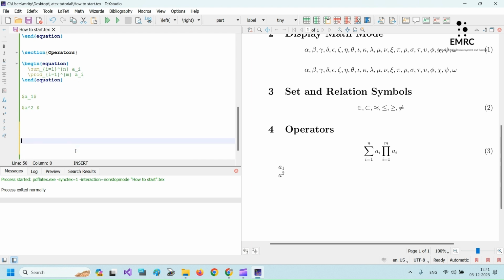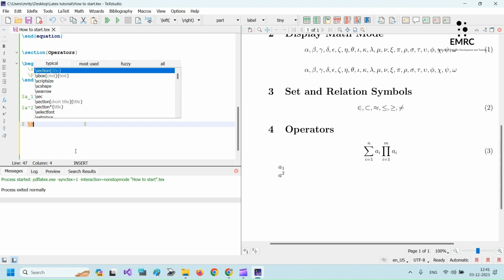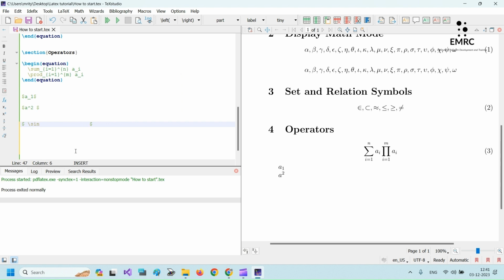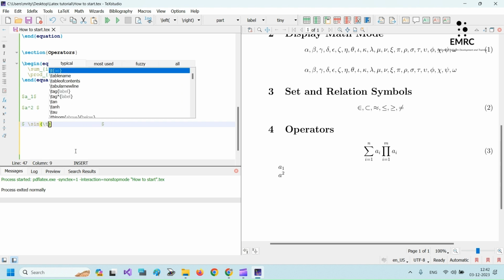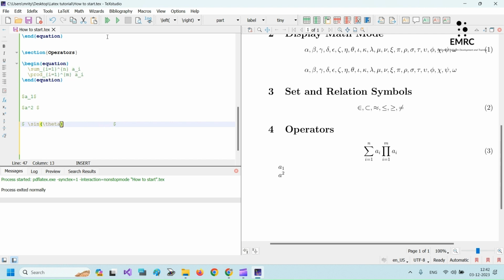There are various trigonometric functions also. For trigonometric functions you can again use the same thing. Suppose in inline mode begin with a dollar sign, then I want to write a trigonometric function. Suppose I want to write sine theta, so simply write sine, then bracket, write theta.